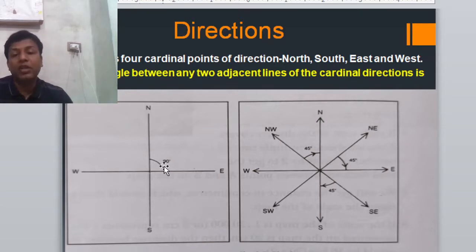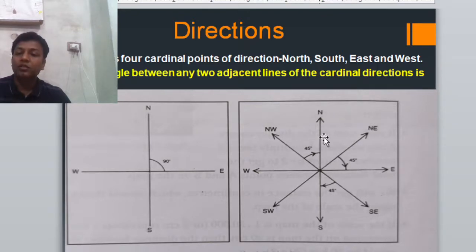All these four directions are situated at 90 degrees, that means a right angle, as you have easily understood. Now you divide this 90 into equal parts, that means 45, 45, 45. So these four directions immediately change into eight directions.